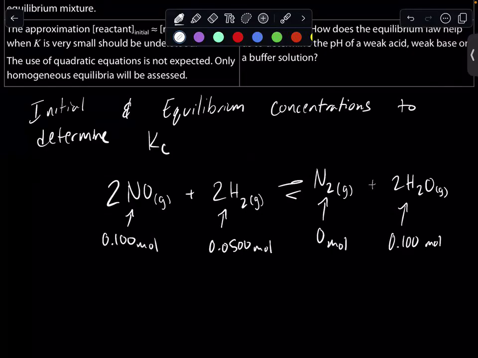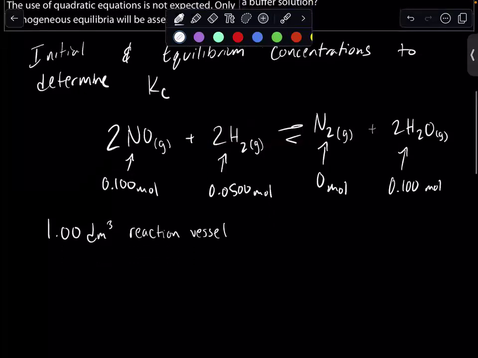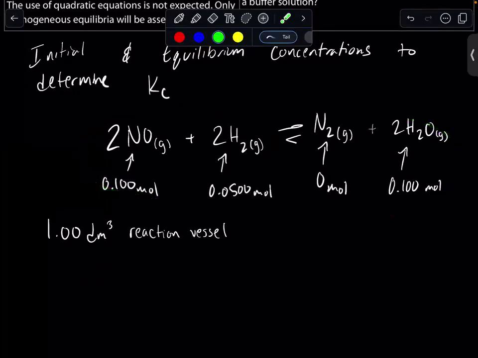And within this chamber, we'll say that maybe we have a 1.00 decimeter cubed reaction vessel. So one thing that we can then tell after we let this go to completion, so let's just say we put all these gases in a chamber and say, go, react.